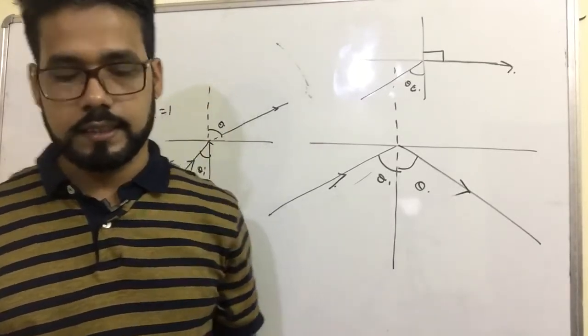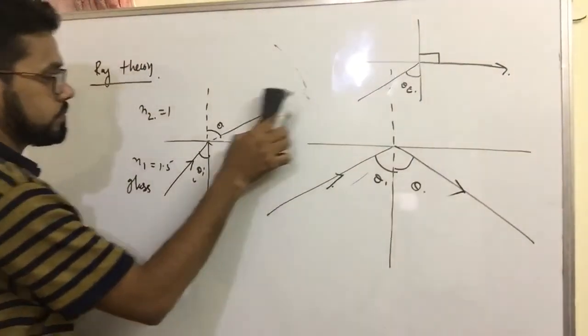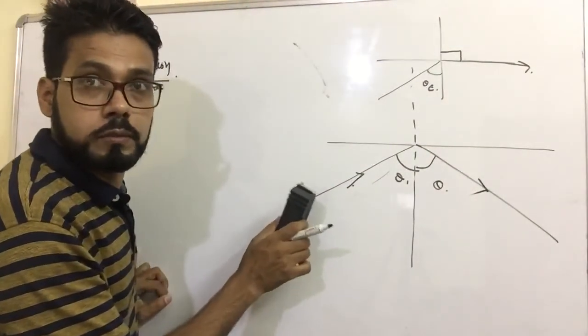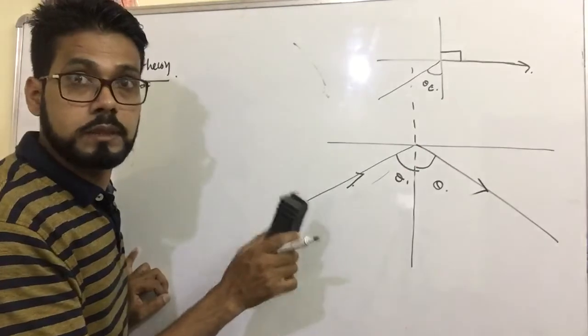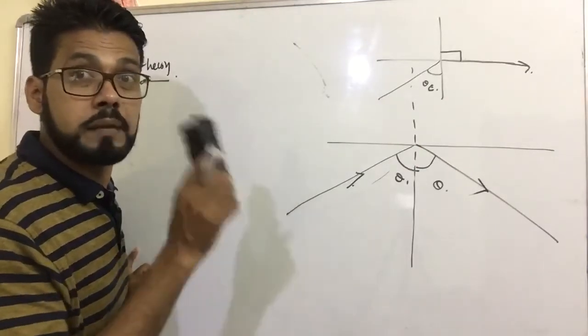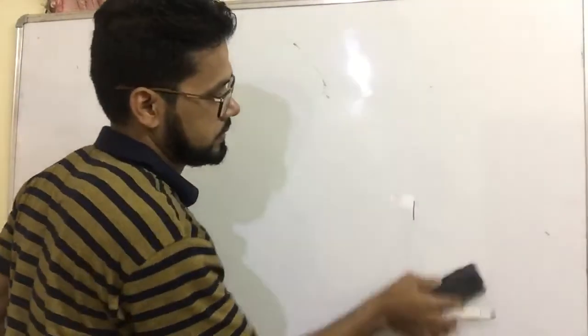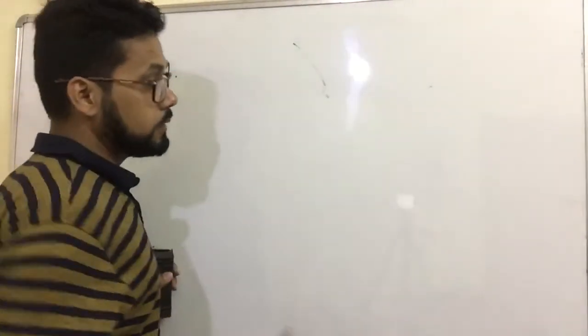Why is it essential? This is the first requirement in optical fiber communication. Optical fiber communication means total internal reflection must take place inside the cable. You can easily understand.